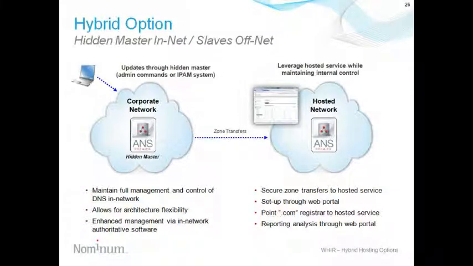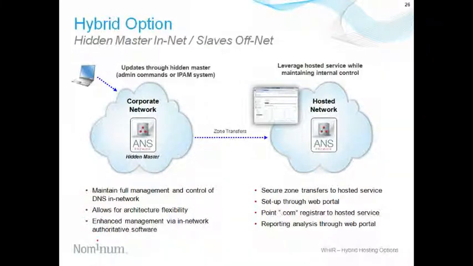So you maintain 100% of the full management and control of the DNS in your network, a full multi-mastering environment in your network, complete architectural flexibility, and management via the authoritative software that's in someone else's network, which is our network. So what happens now is you put all of the zone information and all of the slaves in an off network, in our hosted network or a hosted network.